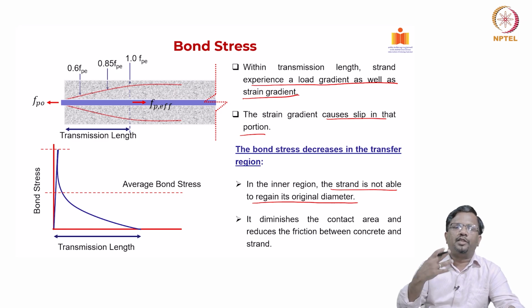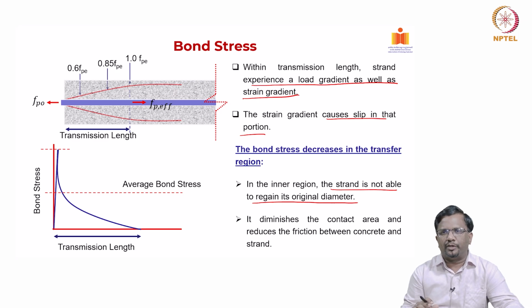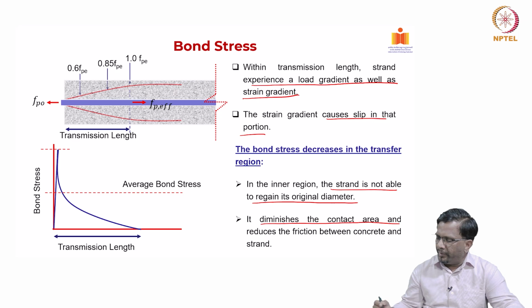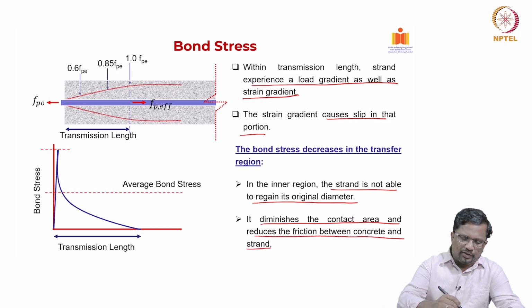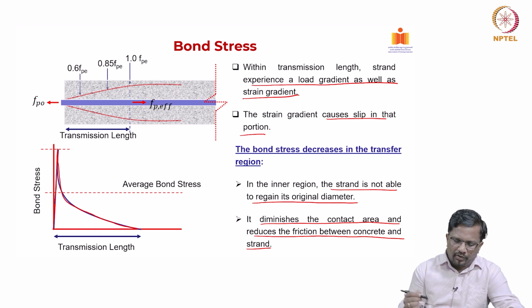So the strand is able to regain its original diameter there, but as you go inside, the strand will not be able to regain its original diameter. So the wedge action will get diminished. That diminishes the contact area and thus reduces the friction between the concrete and strand. That is the reason you develop a very high bond stress and then it goes down like this.